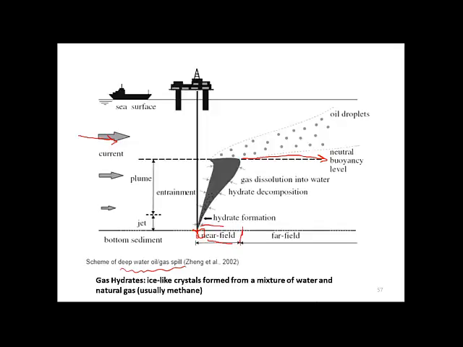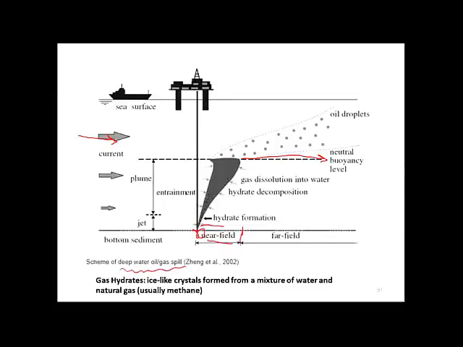What happens is, some of what's coming out of that well is gas, because the reservoir has oil and gas in it. As the gas comes out, it hits this cold water, and it forms an ice-like crystal with a coating on it.